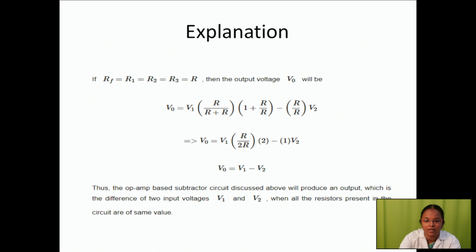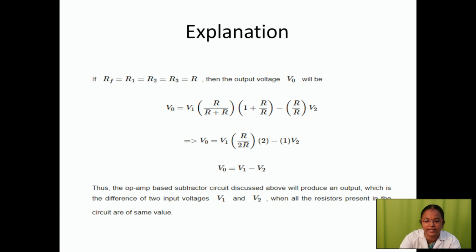That is V0 equals V1 into R divided by 2R into 2, minus V2. R and R get cancelled, 2 and 2 get cancelled, so we get V0 equal to V1 minus V2.